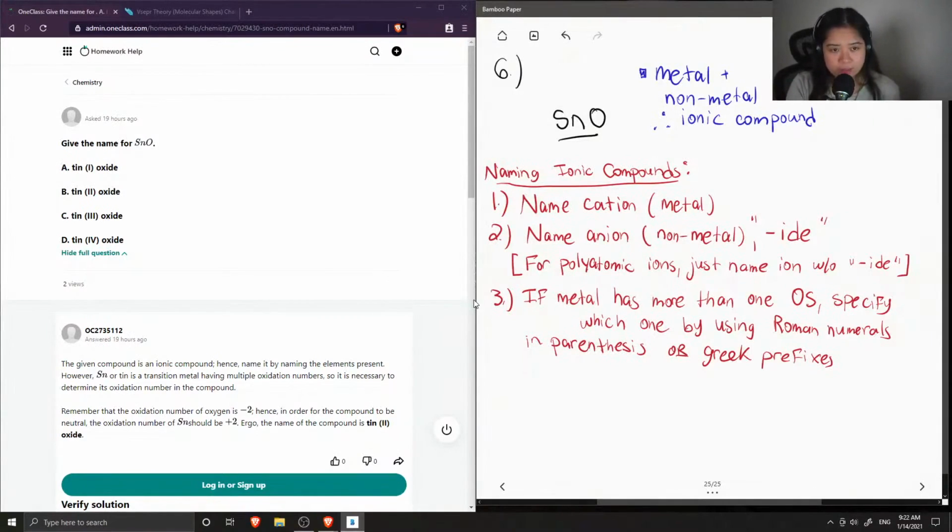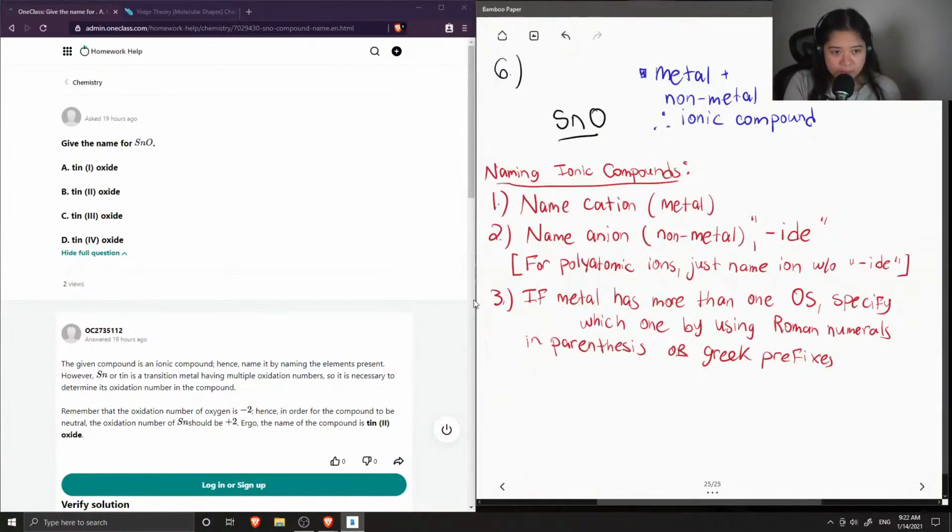To do that, we first need to look at the overall charge of our ionic compound, and you'll notice that it's just neutral. So whatever the oxidation state of our oxygen is, we know that the tin must have the same magnitude of oxidation state but the opposite charge.